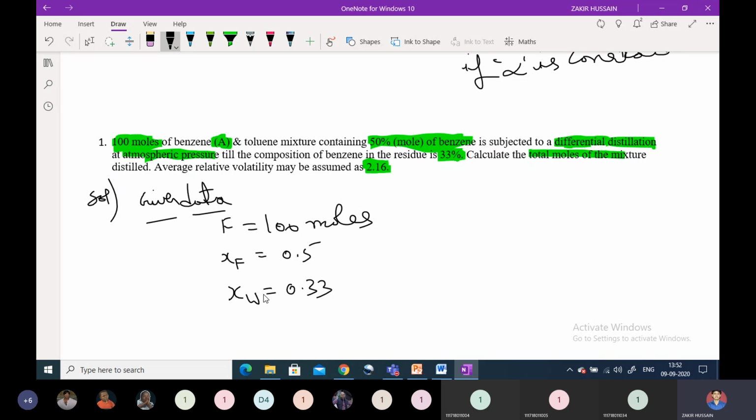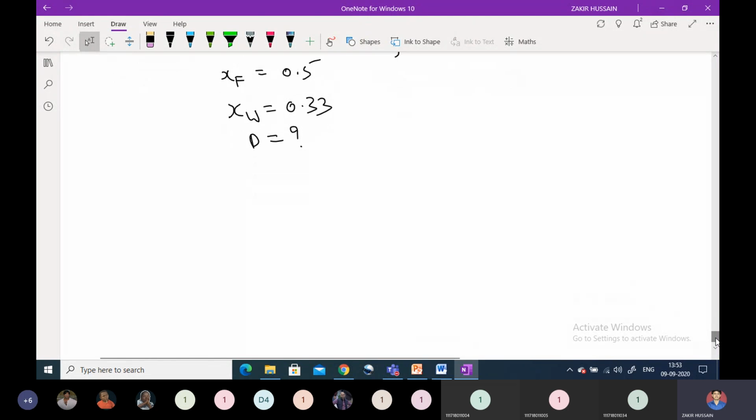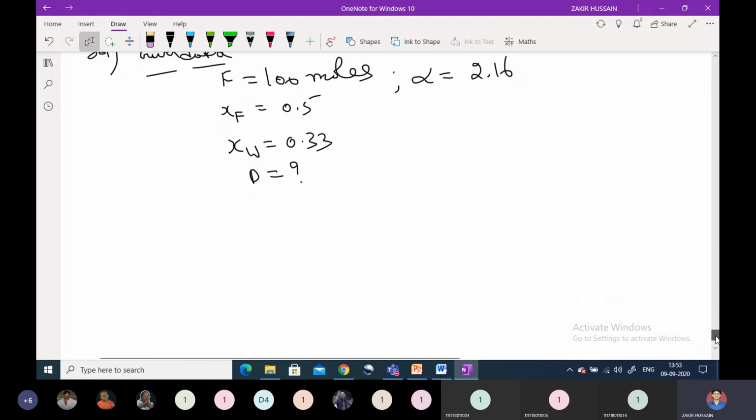They are asking to calculate the moles of the mixture distilled, that is D. Then alpha is given as 2.16. For better understanding, I am going to solve the Raleigh's equation using all the three methods.